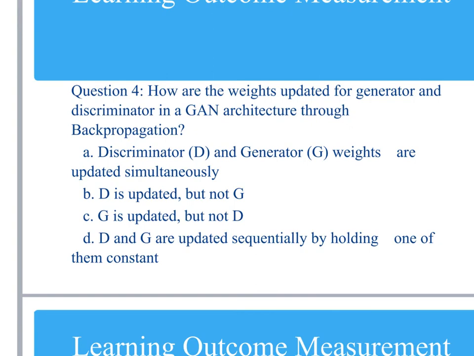Now, how do you update GANs during training? Basically, you have discriminator loss and generator loss, so you update them sequentially, holding one constant while updating the other. When you're training the discriminator, you hold the generator constant, and vice versa.